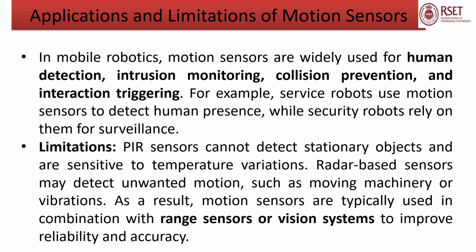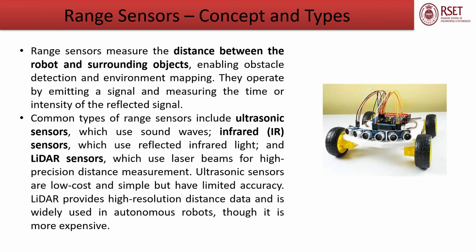Now we see the limitations. PIR sensors cannot detect stationary objects and are sensitive to temperature variations. Radar-based sensors may detect unwanted motion such as moving machinery or vibrations. As a result, motion sensors are typically used in combination with range sensors or vision systems to improve reliability and accuracy.